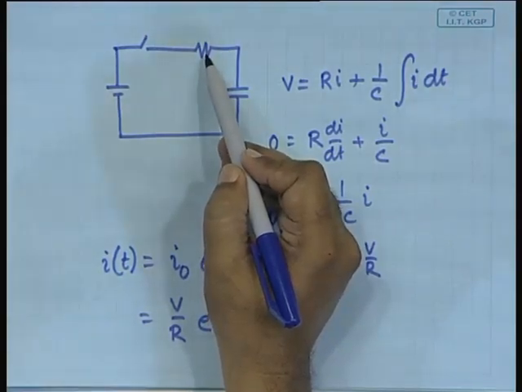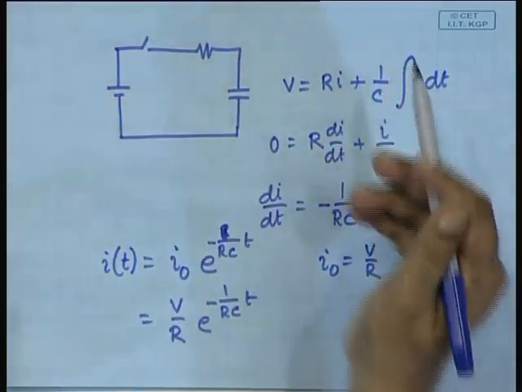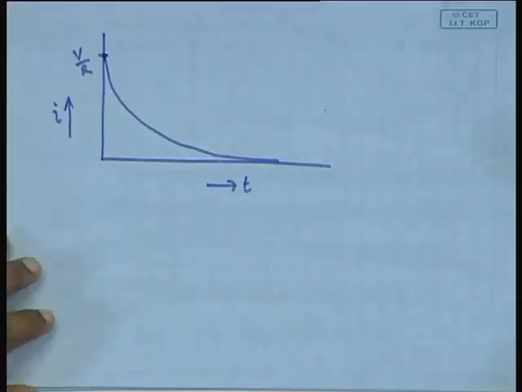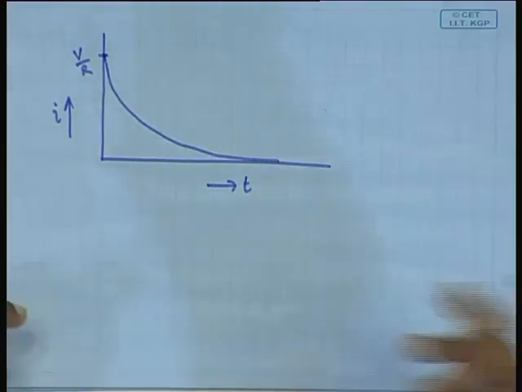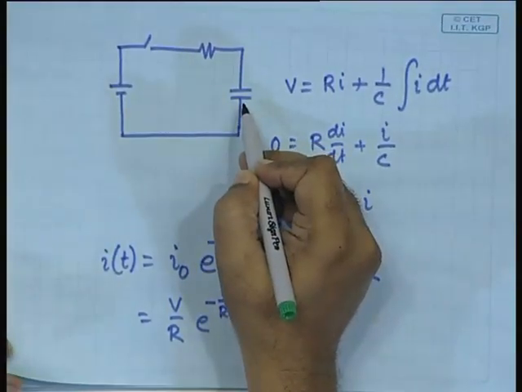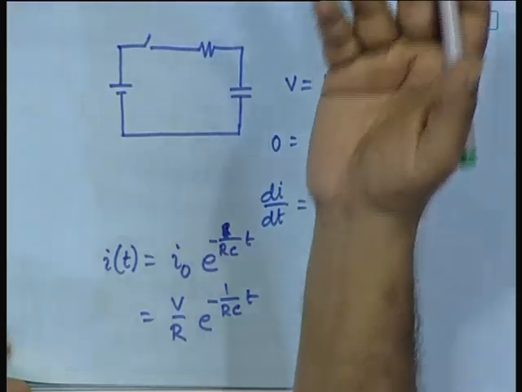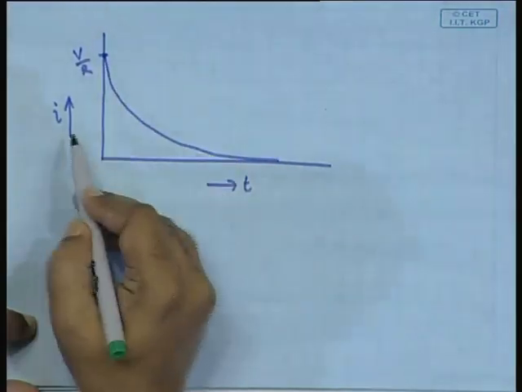Yes, V R will be proportional, V C opposite, increasing. So, let's draw the V C. V C will ultimately converge onto what value? It will converge onto V. So, this is the current axis.